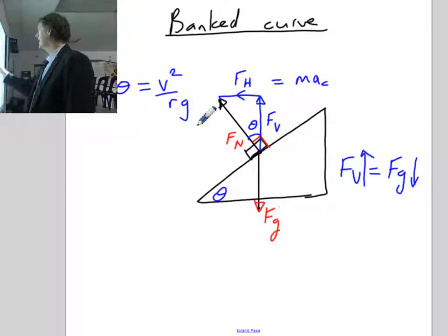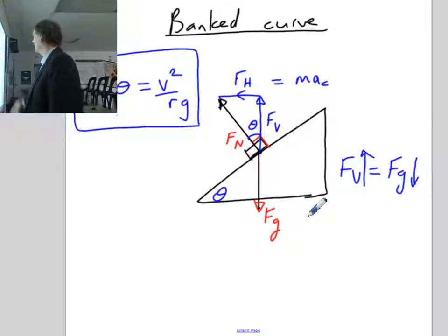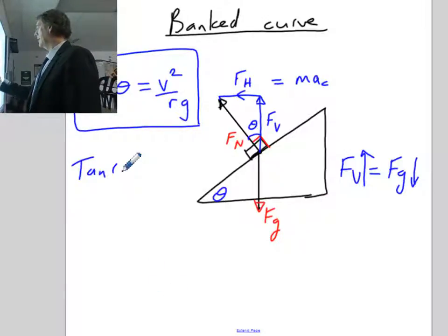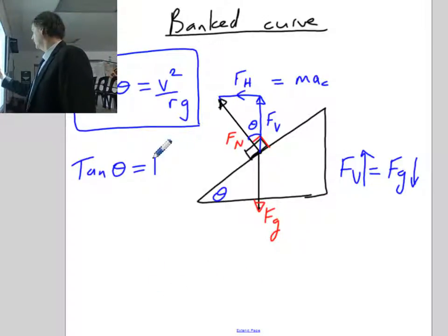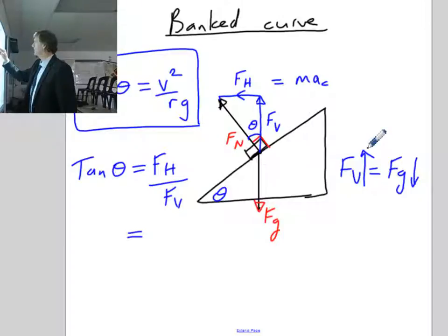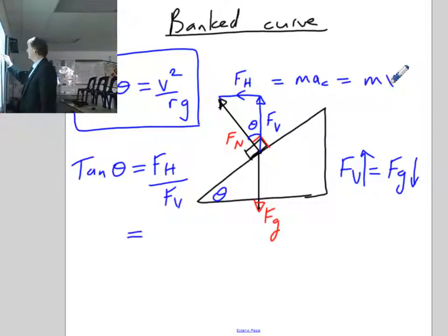Okay. So how do you get that looking at this diagram? Well, if you start with tan theta, it's the opposite force, which is the horizontal force, over the adjacent force, which is the vertical one. We've just said the horizontal force is going to supply all the force for centripetal acceleration, so that's going to be mv squared over r.